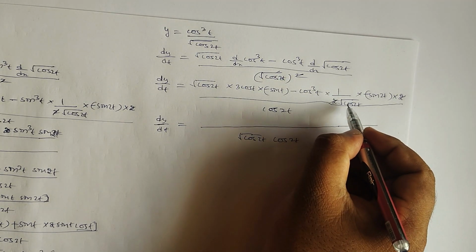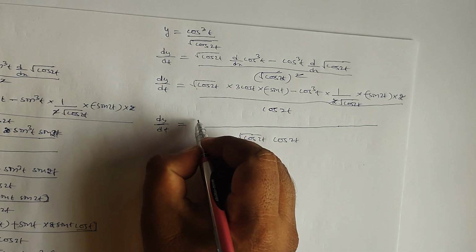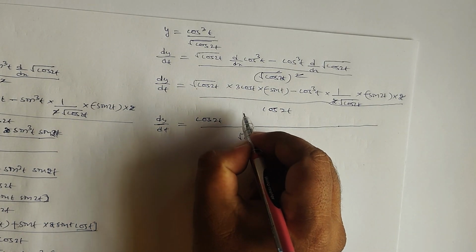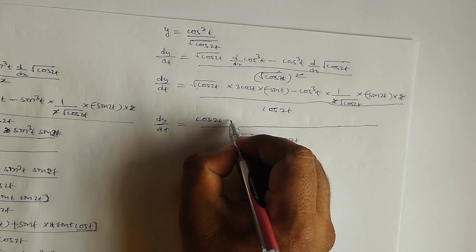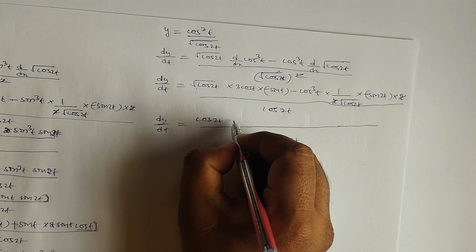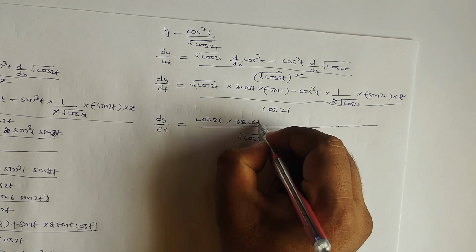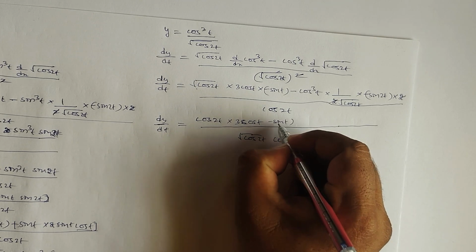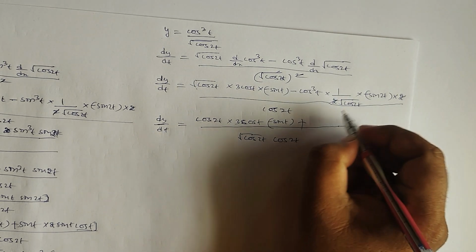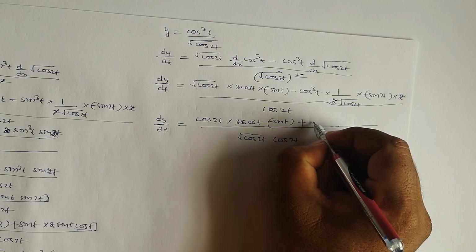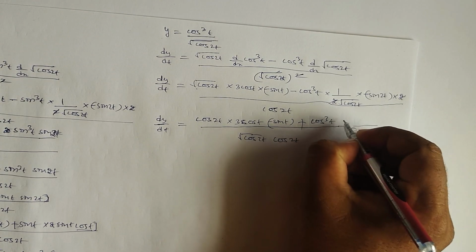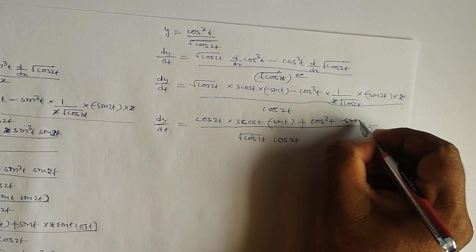This comes to the denominator, so we have to multiply across, that becomes cos 2t. Okay, 3 cos t into minus sin t. Here minus minus becomes plus, so 2 gets cancelled. What is remaining? Cos cube t minus sin 2t.